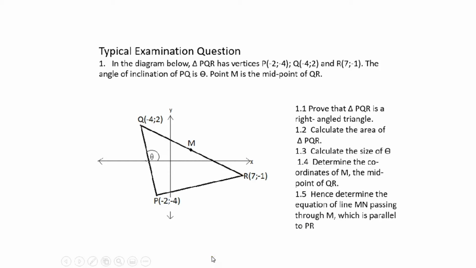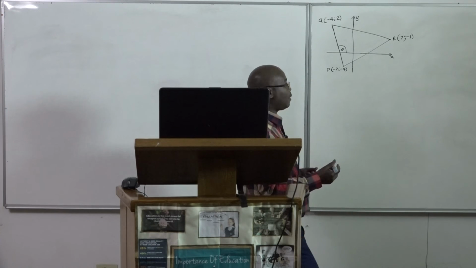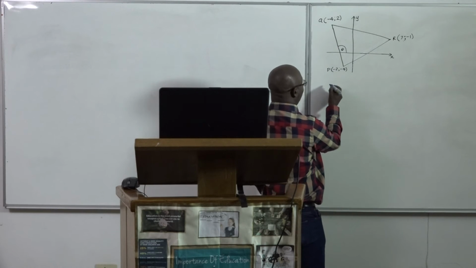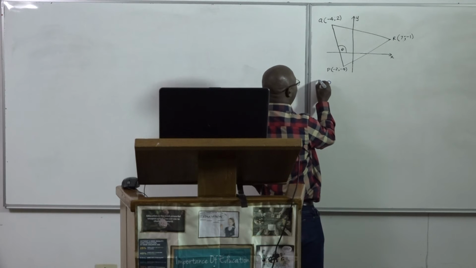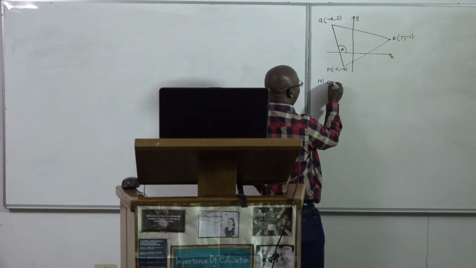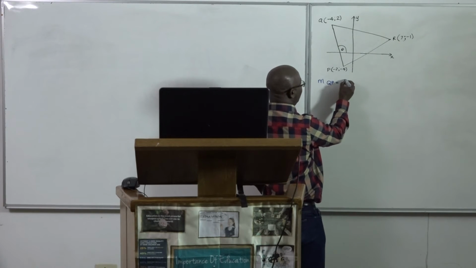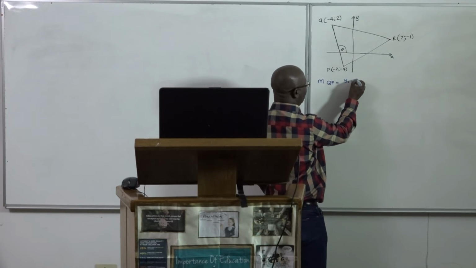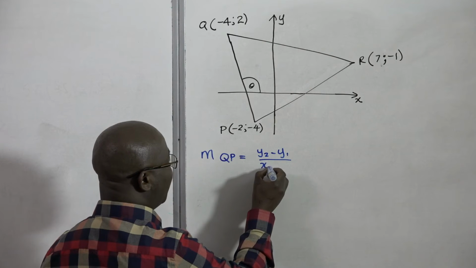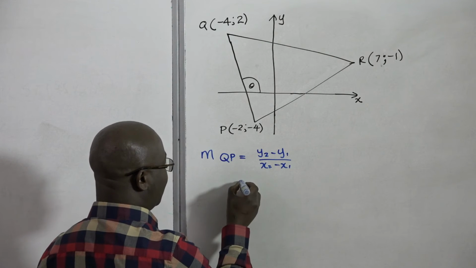So let's try to prove that. Let's try to prove that the line QP is perpendicular to the line PR. And the only way to do that is to find their gradients. So let's do that. Let's first find the gradient QP. So the gradient M of QP will be y2 minus y1 over x2 minus x1.